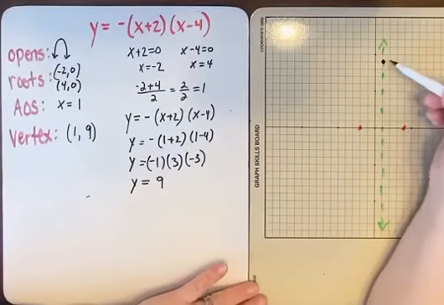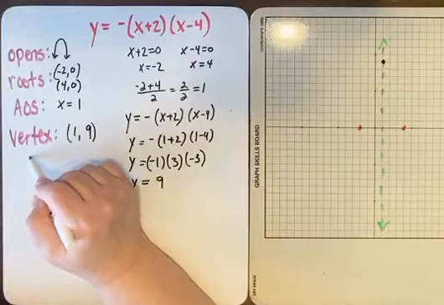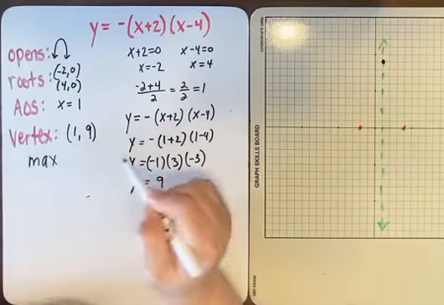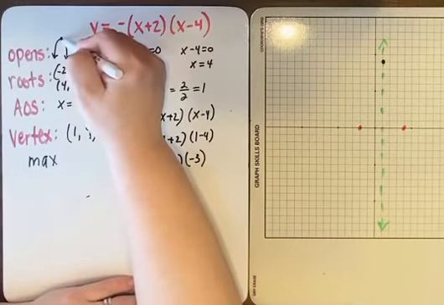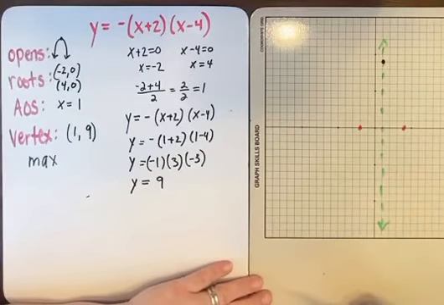I can now see that that vertex is going to be a maximum value. I knew that because it was open down also, so I knew that value was going to have to occur there.